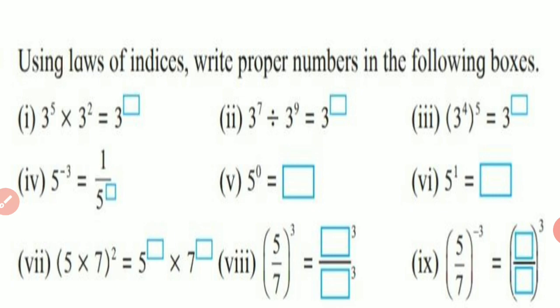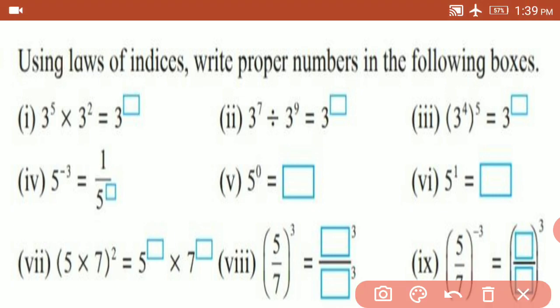The question is, using the laws of indices, write proper numbers in the following boxes. The first example is 3 raised to 5 into 3 raised to 2 is equal to 3 raised to how much?